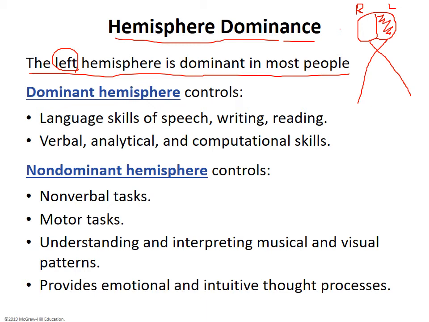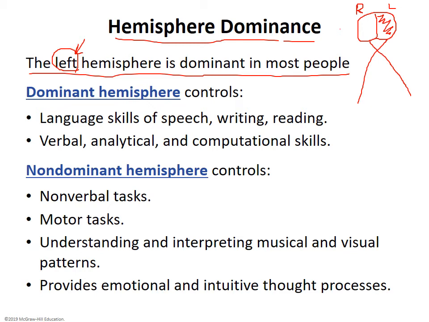That is not exactly true, because you can switch your handedness by just training. You don't switch your hemisphere dominance, but it is roughly the same. I want to say close to 80%, I forget, the amount of people that are left hemisphere dominant is very close to the percentage of people that are right-handed.